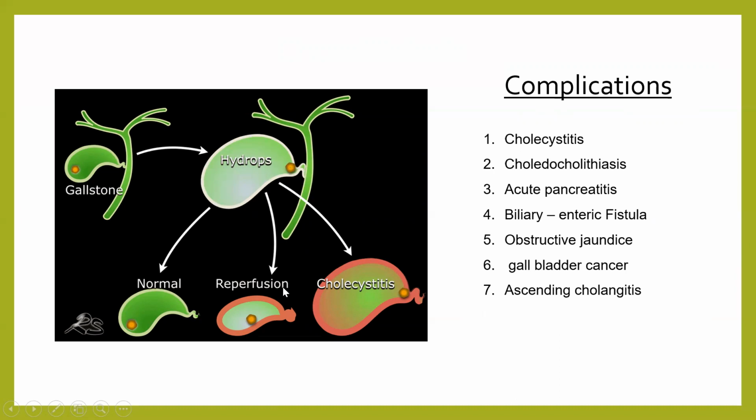So after this point, the gallstone can go back to its position and we can have reperfusion, or the worst case scenario, it can precipitate cholecystitis, which is the acute inflammation. Other complications can be cholecystitis, choledocholithiasis, acute pancreatitis, biliary enteric fistula, obstructive jaundice, gallbladder cancer, or even ascending cholangitis.